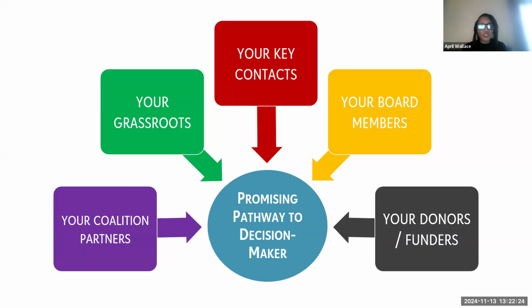Or perhaps you learn that your key decision maker has a passion for competitive games, or one of your coalition organizations holds some monthly event, and you think the decision maker might be likely to attend. These are all ways, or through church or worship communities, you can find these different ways of influence.